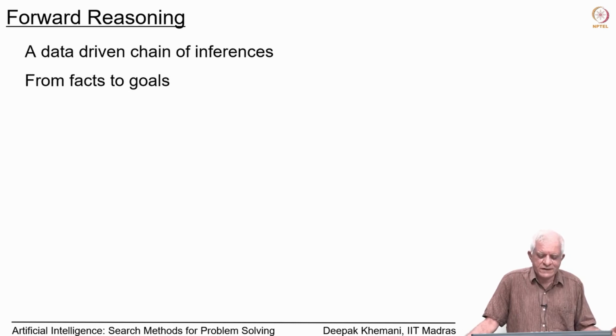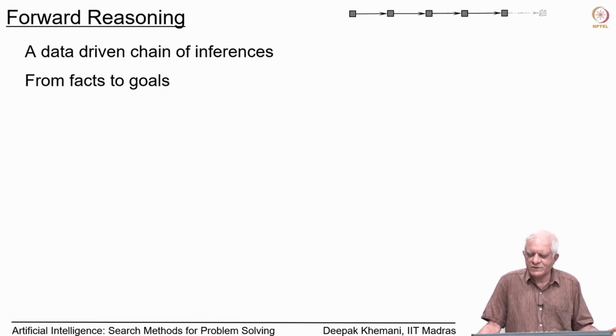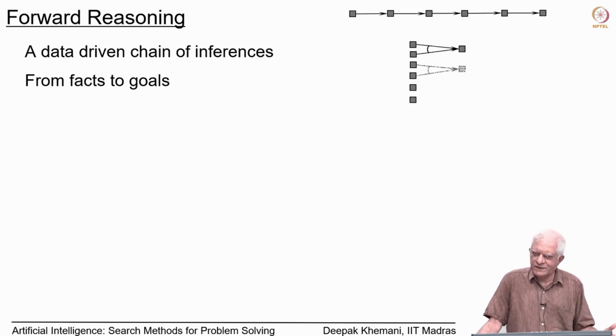It is a data driven chain of inferences that you are making, and it can be captured by a process which you are seeing on the top right of your screen, that one by one you are moving away from what is given to you towards some new facts, and you keep adding new facts. The top row shows only rules with one antecedent, the bottom row shows rules with two antecedents, and you can see the forward chaining process that happens.